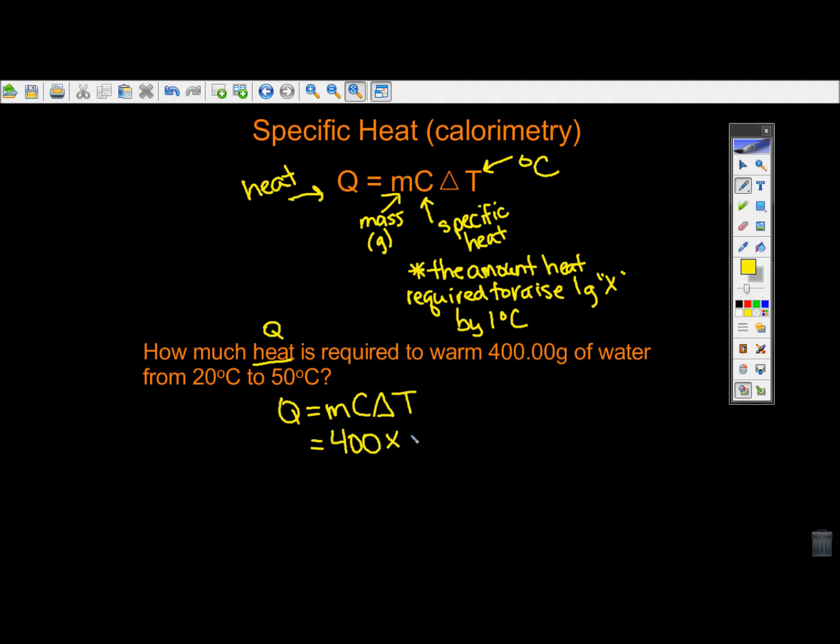Our specific heat is 4.18, and I just happen to know that because I have an open book sitting next to me. Otherwise you would have to look this up, but I did not want to ruin this beautiful slide with an ugly chart. So our change in temperature is always final minus initial.